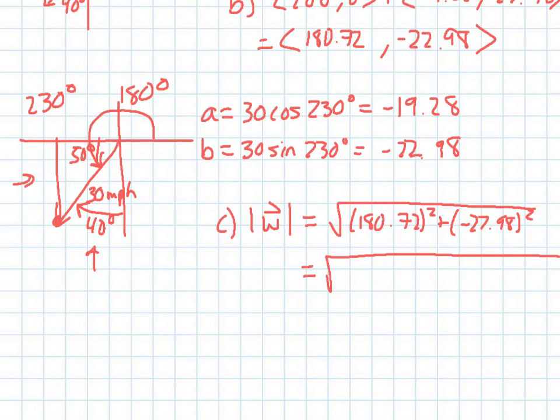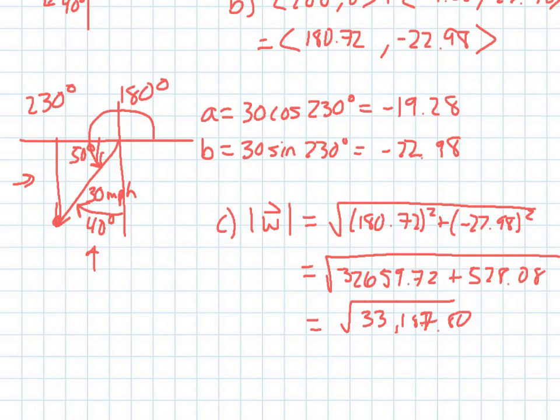That gets me 32,659.72, plus 52.08. When I add them together I get 33,187.80, and when I square root that I get 182.18.